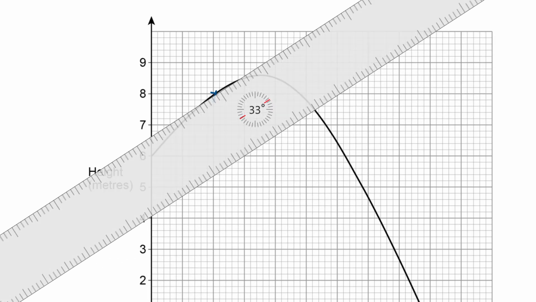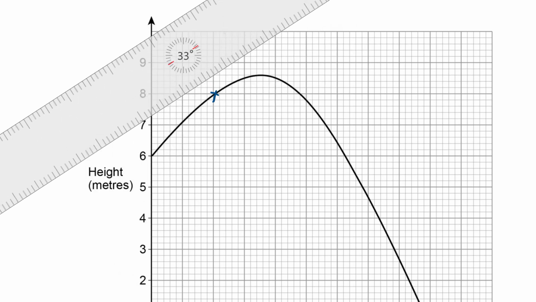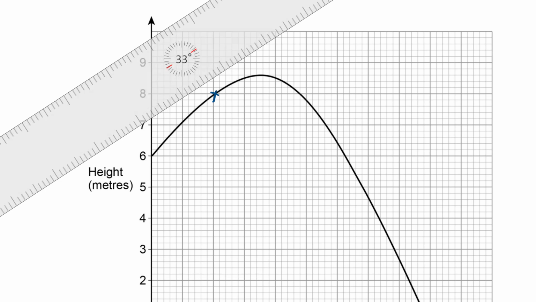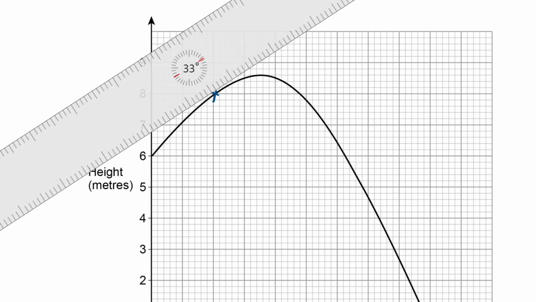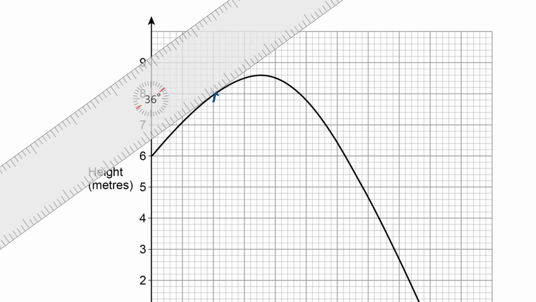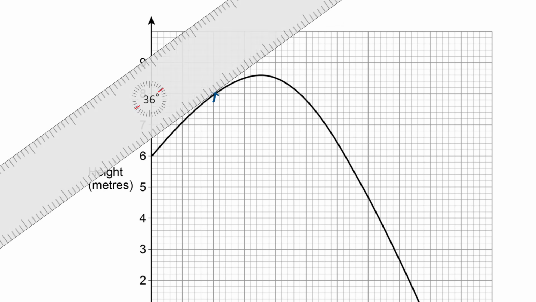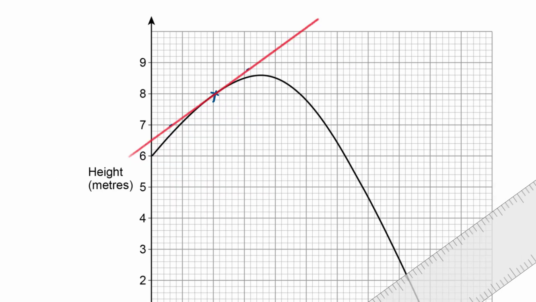So you just kind of put your ruler on the curve, so it's just touching the curve, and you've kind of got equal space either side of it, kind of here and here between the line and your curve. So once you're happy with where your tangent lies, you can draw it on. Okay, it's going to look something a bit like that.